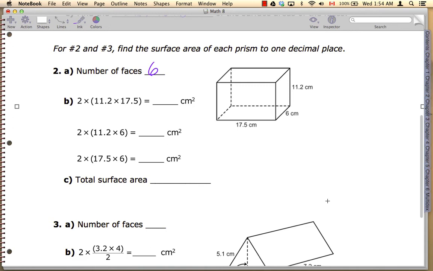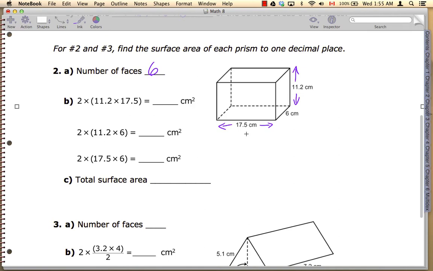So if we first look at 2 times 11.2 times 17.5, the 11.2 times 17.5 is the area of the front, which is equivalent to the area on the back. And that's why we're doing 2 times, because this will cover the front and the back.